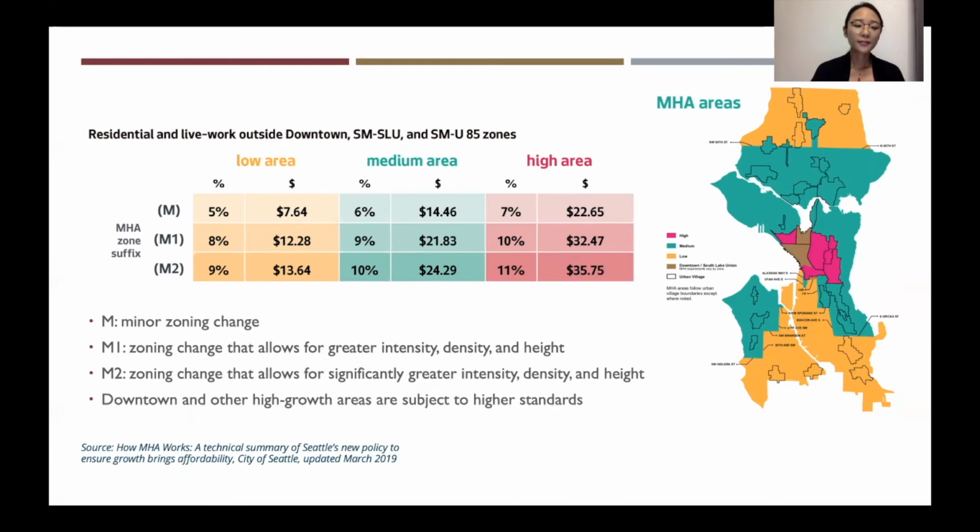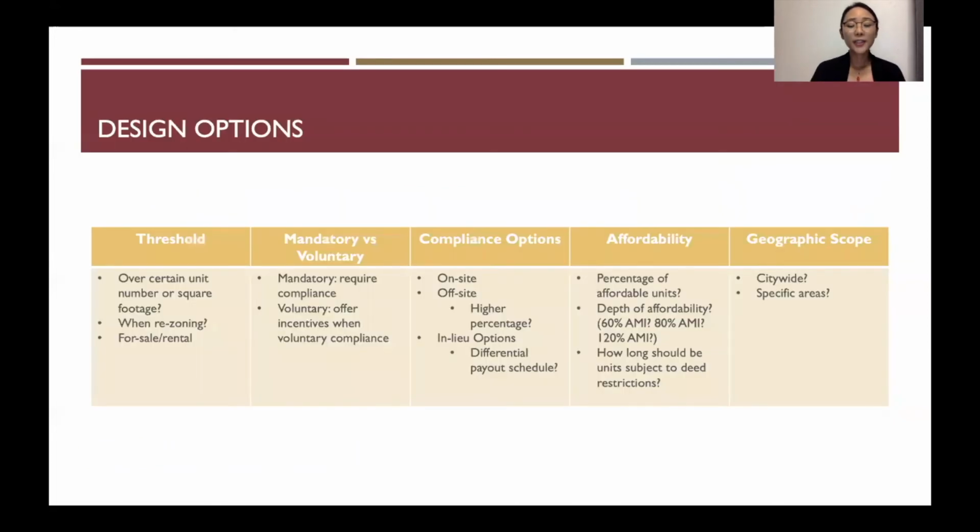And so essentially, I want to bring this slide to sort of bring everything together. As you have seen, perhaps by the breadth of the examples that I just described, inclusionary housing programs come in many different forms. And there are many design options that cities can opt into or decide to go with.